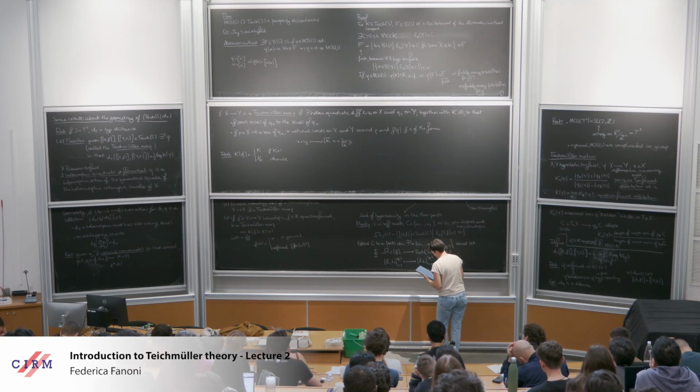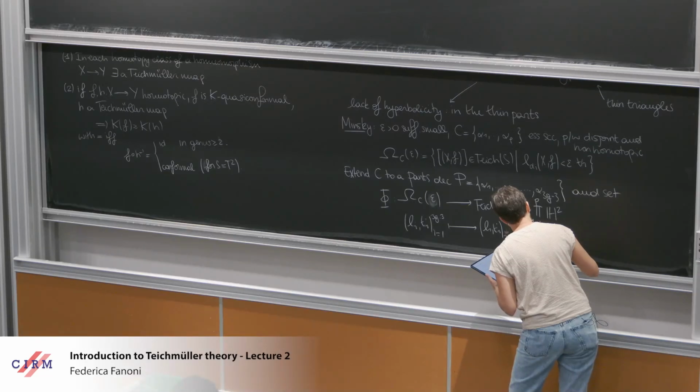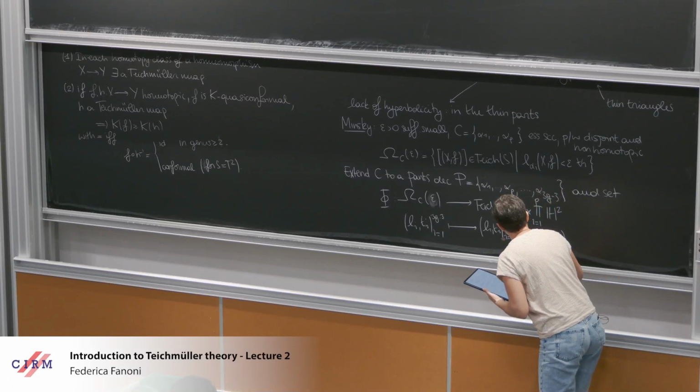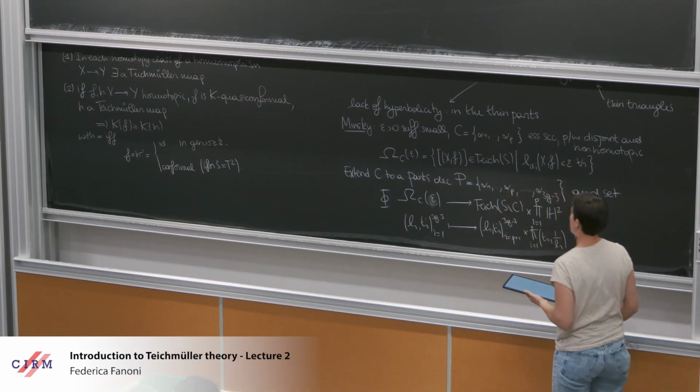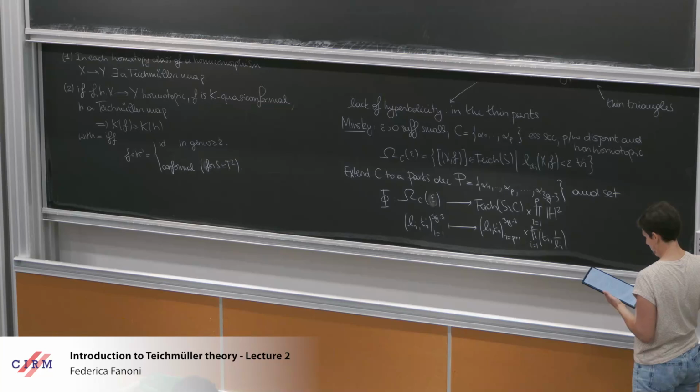And then this is the product of the t_i, 1 over l_i for i between 1 and p. Okay, so I have a map here, and what Minsky tells us is that this is not far from being an isometry.